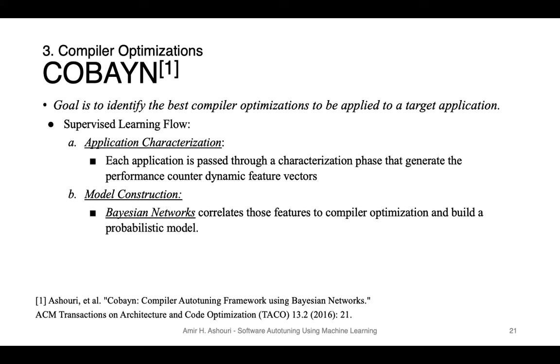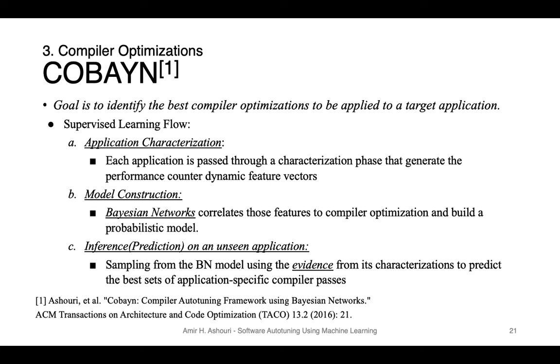So we use a Bayesian model to construct a probabilistic model out of the relation between the application characterization and the optimization vector as well. So we could marry these two worlds, and on the prediction for an unseen application, we need to pass the application characterization of that unseen application, and then we're going to sample from the Bayesian model, and that sampling will bring us a new vector of optimization that we can apply for that unseen application.